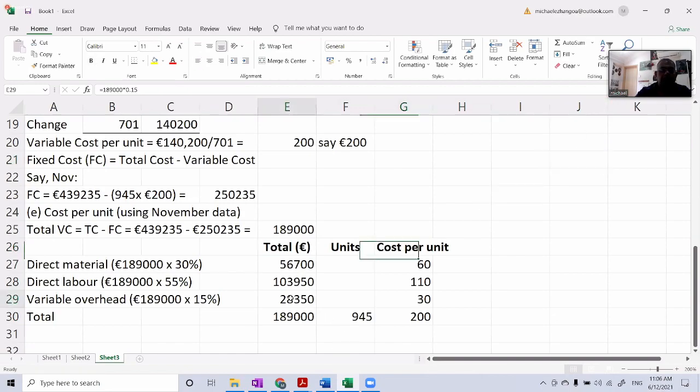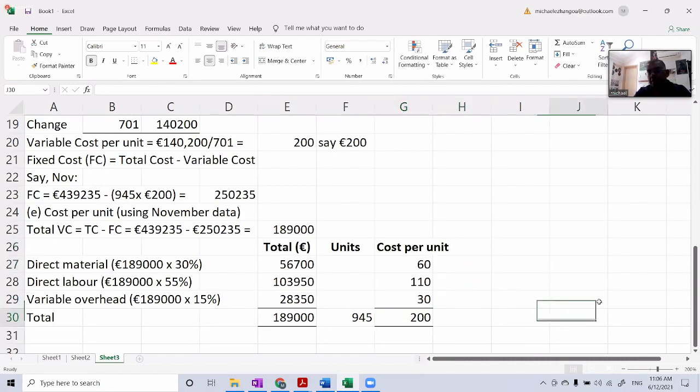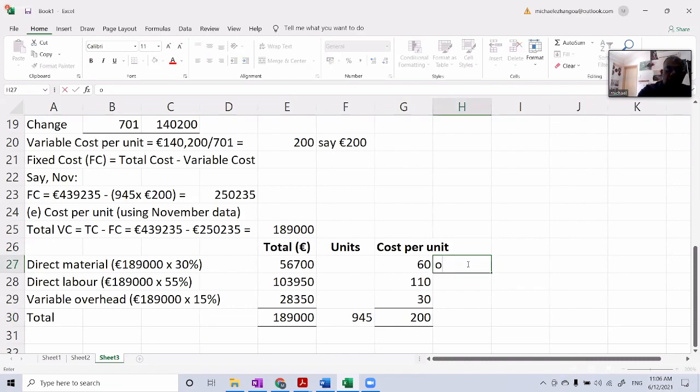Okay, follow? All right. Now, of course, an alternative way of doing it: you could have done it like this. You got the per unit, just take the per unit and multiply, or 200 times 30% and so on and so forth.